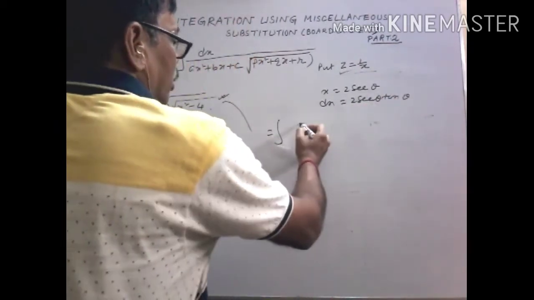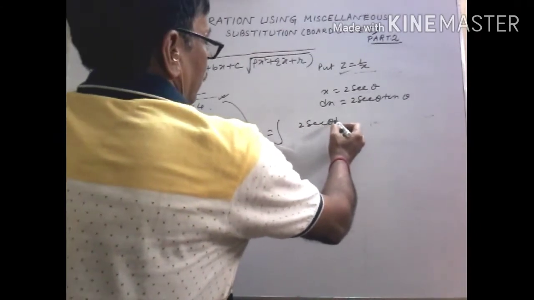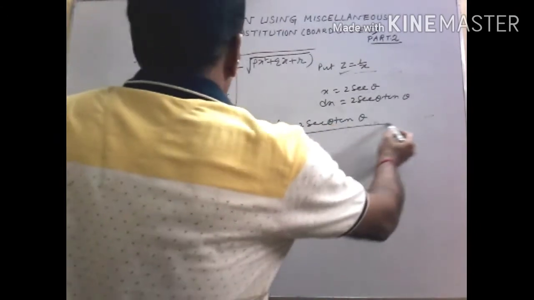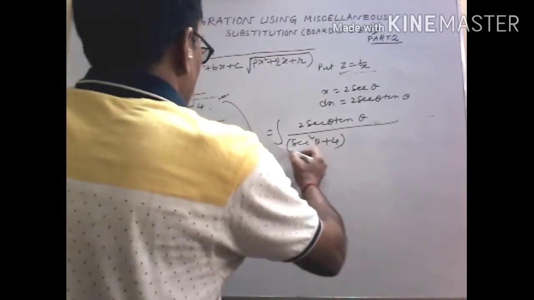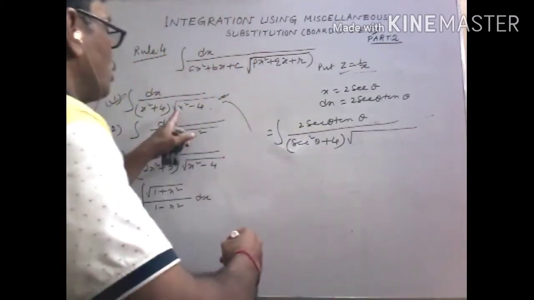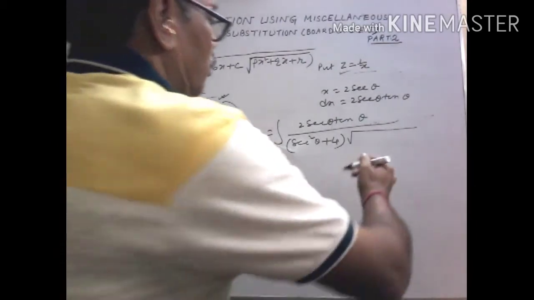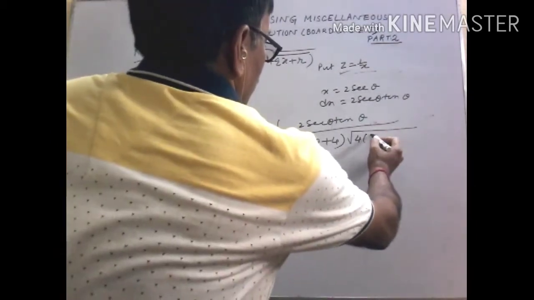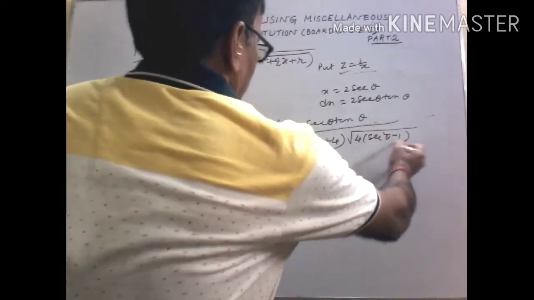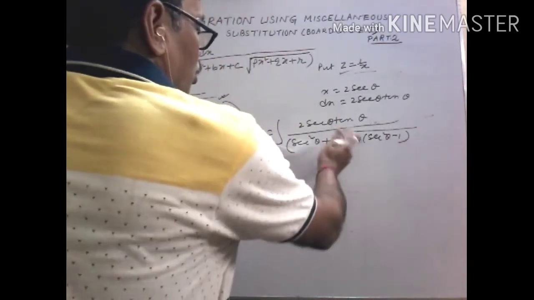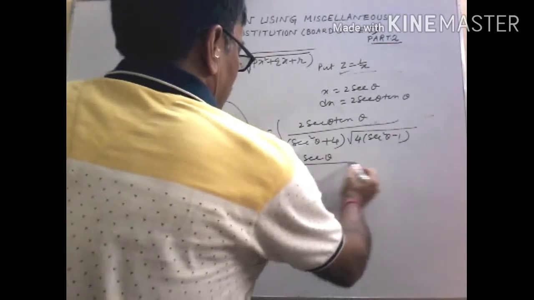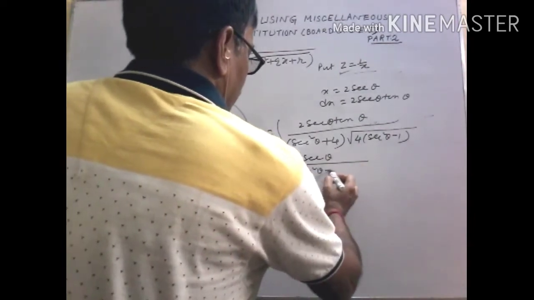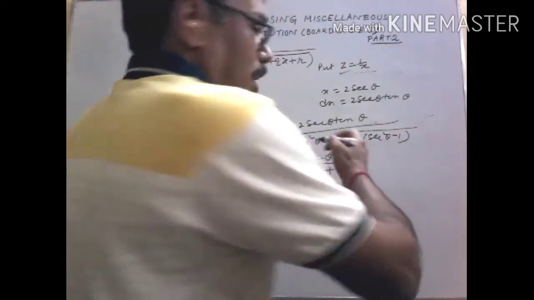So we are getting 2 sec theta tan theta, and this is sec square theta plus 4. Now the root of 4 sec square theta minus 4, 4 common, so 4 into sec square theta minus 1. So 2 is cancelled out, sec square theta minus 1 is tan theta, so sec theta by sec square theta plus 4 d theta.